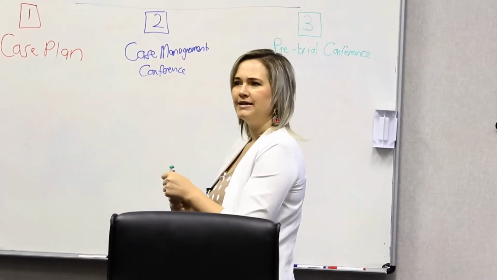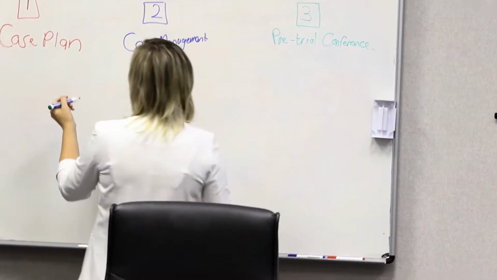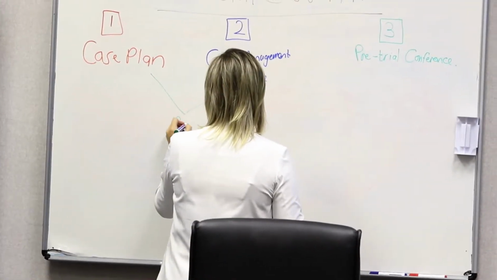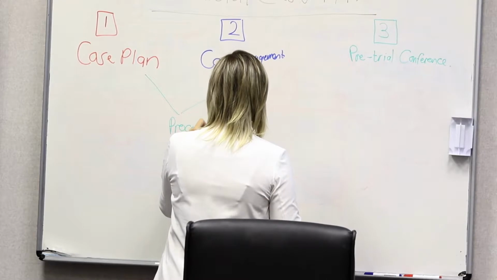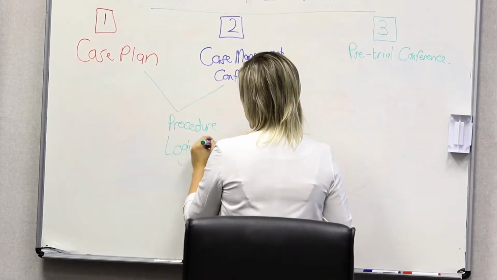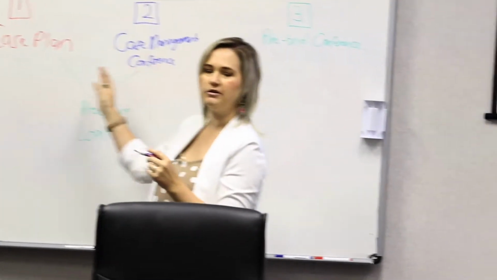Okay, so then we dealt with the case management conference, Rule 25. These two don't really deal with a lot of the substance of the case. It deals with purely procedure, or perhaps better to say logistics. Both of these deal purely with logistics.